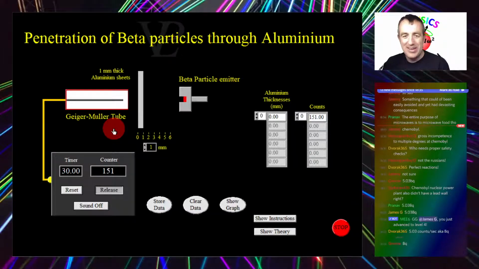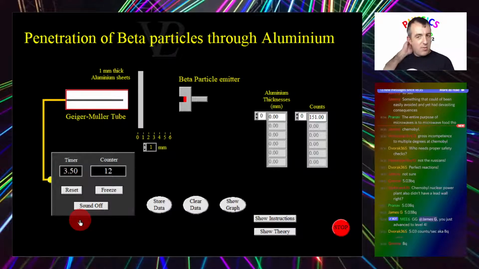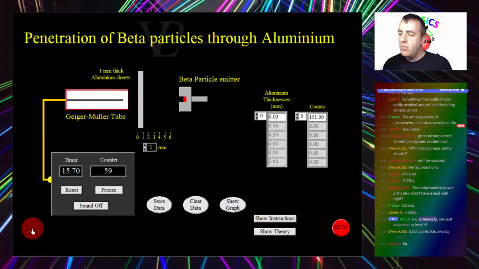Okay, so let's reset this. And I'll start it. Off we go. And you can probably get a feel for this. The number of counts is not going up as quickly as it was before. So in 30 seconds, we'll see how many counts there are. And we can convert that into an activity.